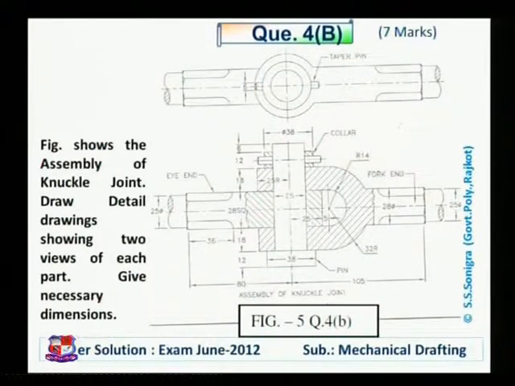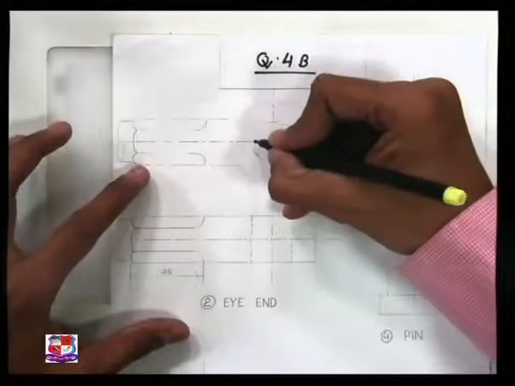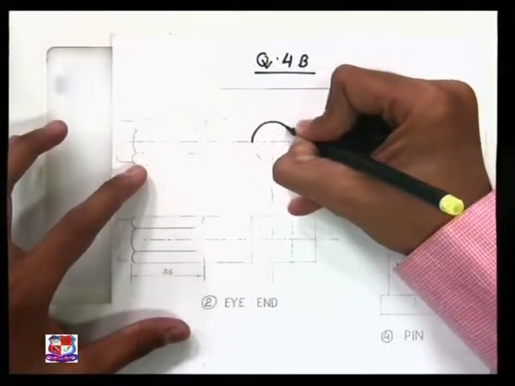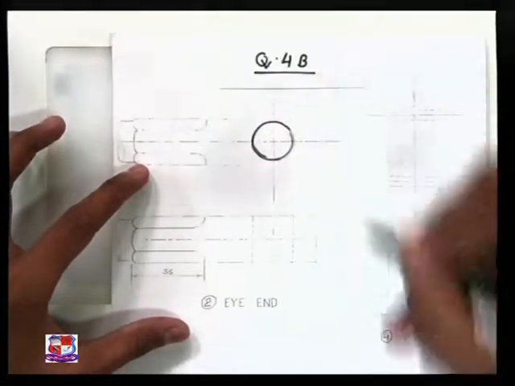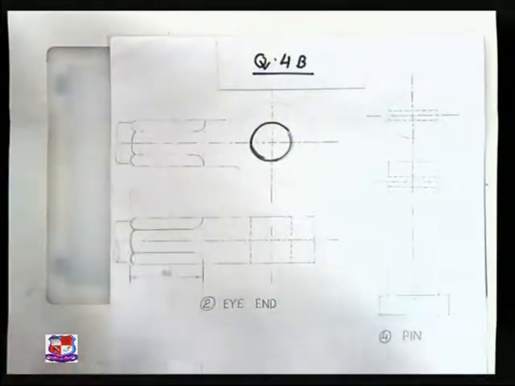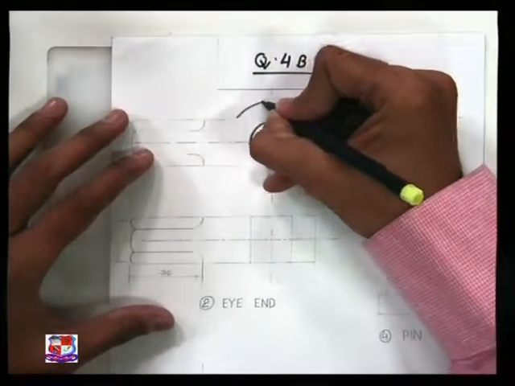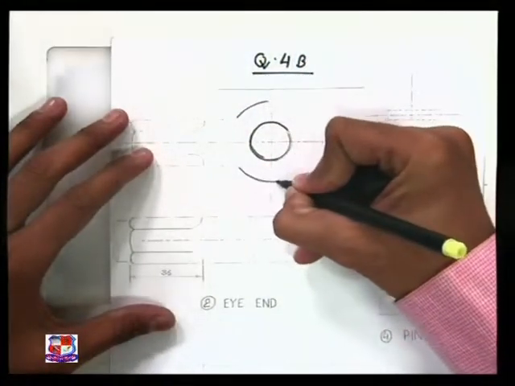So for that, dimensions are known to us. We draw a circle, which is a circular hole drilled inside for the insertion of the pin, and from that, this is the eye end which is drawn over here.